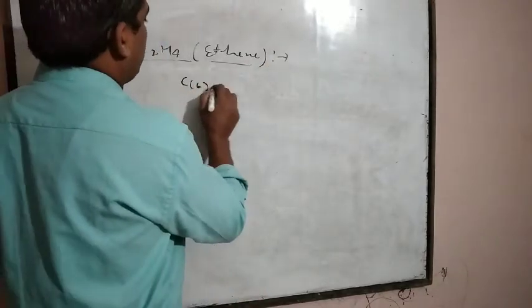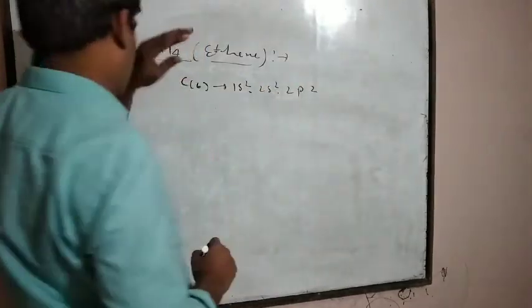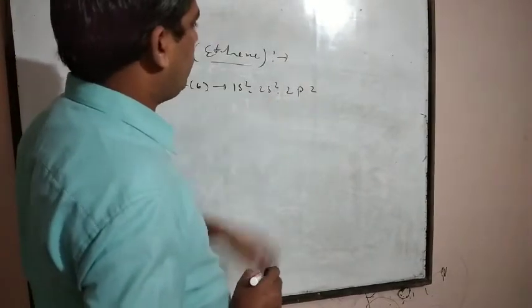Each carbon has 6 electrons, with configuration 1s2, 2s2, 2p2.